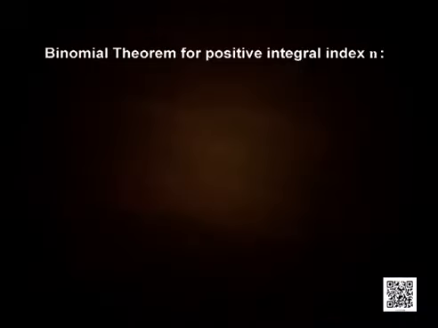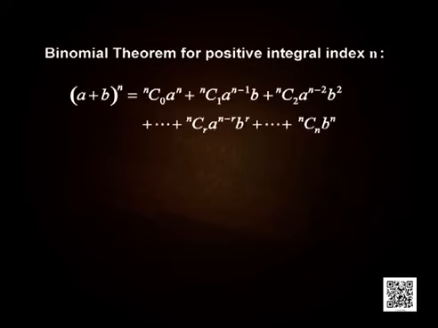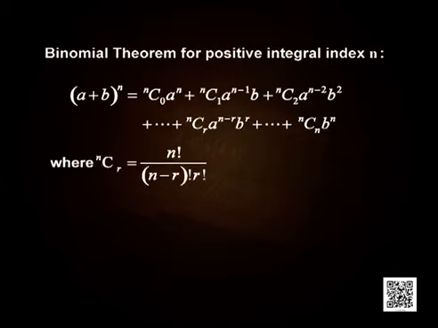Binomial theorem for positive integral index n suggests that (a plus b) to the power n is equal to NC0 a to the power n plus NC1 a to the power n minus 1 times b plus NC2 a to the power n minus 2 times b square, so on up to NCr a to the power n minus r b to the power r plus so on till the last term, that is NCn b to the power n, where of course NCr is nothing but n factorial divided by the factorial of n minus r into r factorial.